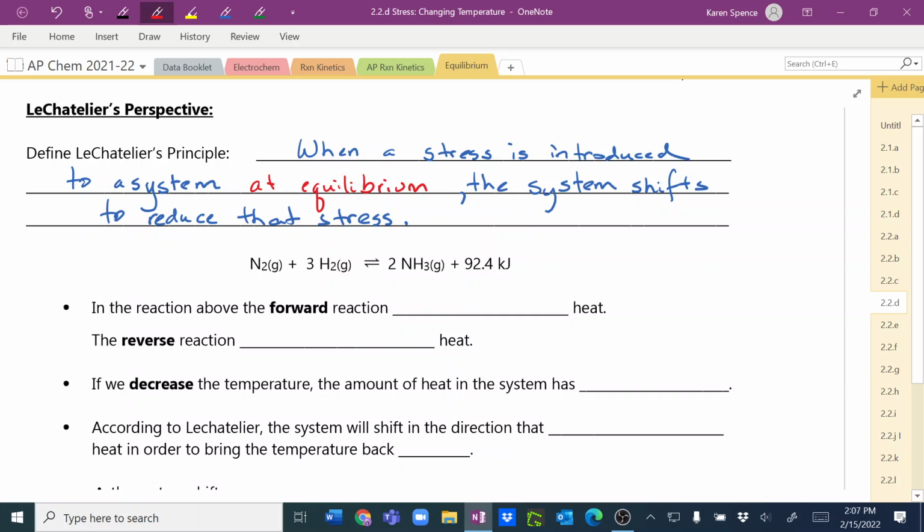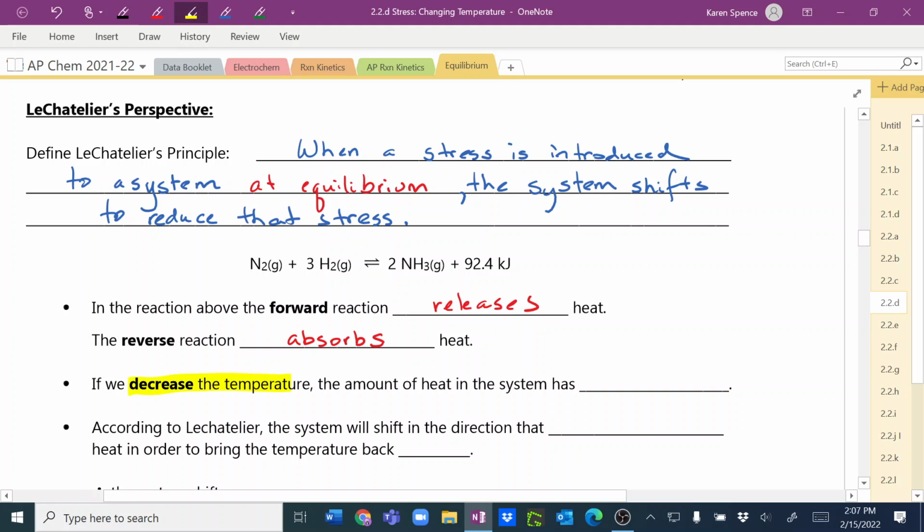All right, so in this little reaction here, in the forward reaction, are we releasing or absorbing heat? We are releasing heat. In the reaction, the forward reaction releases heat, and the reverse reaction absorbs heat. If we decrease the temperature, what has happened to the amount of heat in the system?